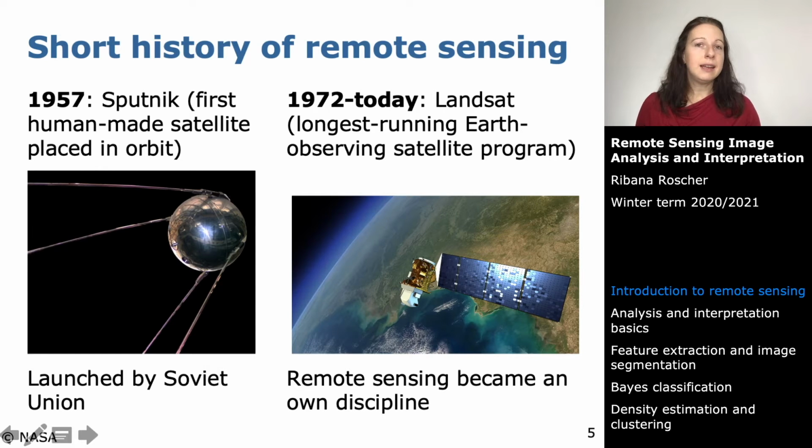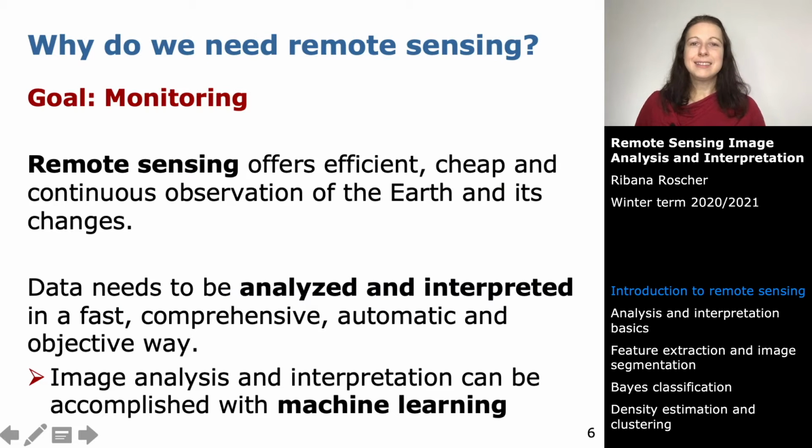Currently Landsat 7 and Landsat 8 are active, and Landsat 9 is scheduled for mid-2021. During this time, remote sensing became its own discipline. So that was what you should know about the history of remote sensing.